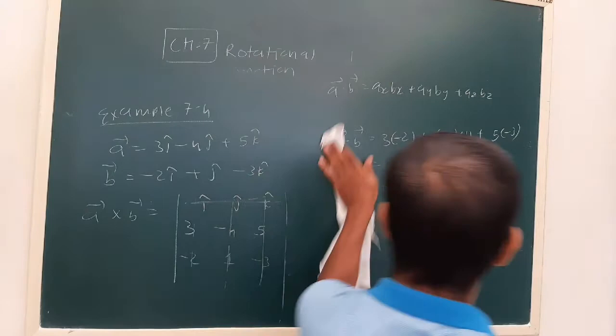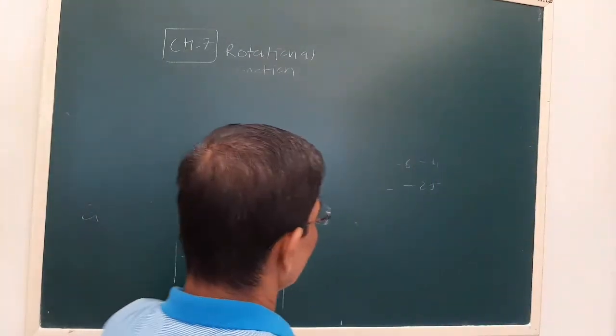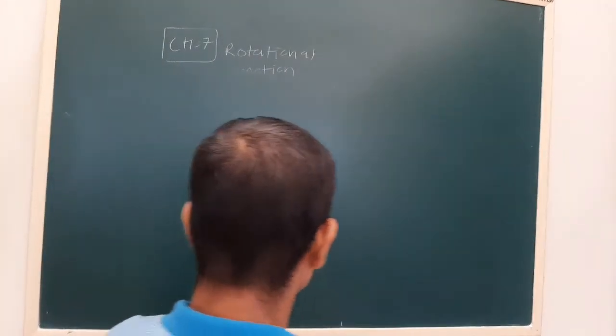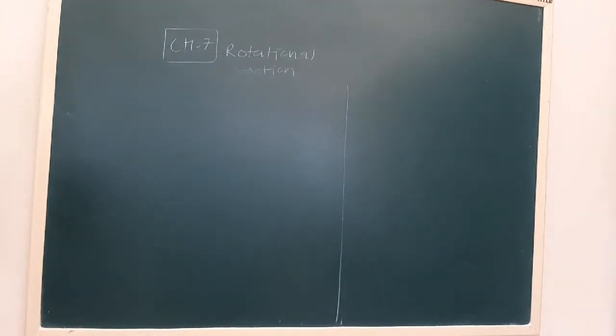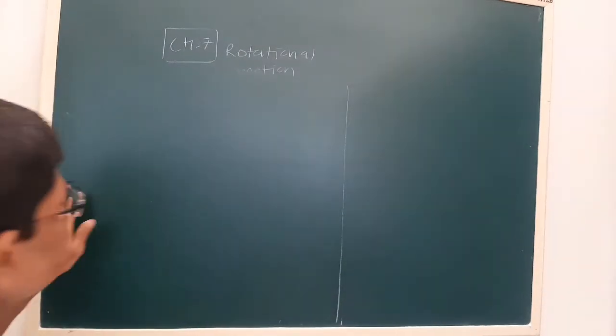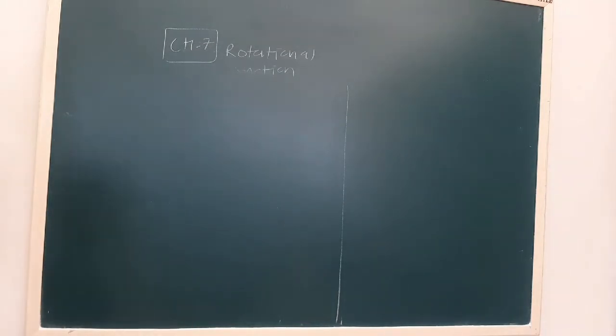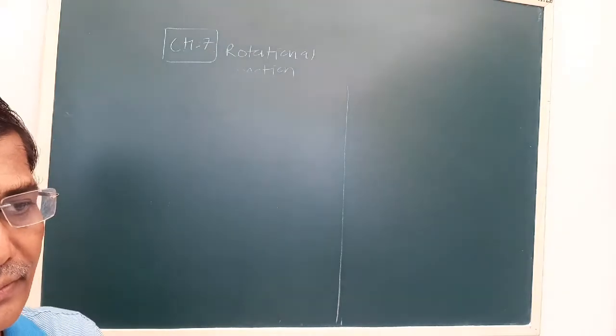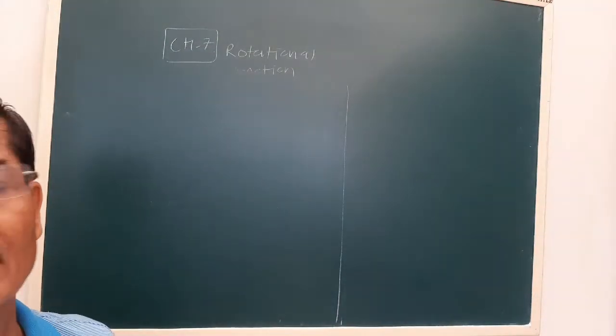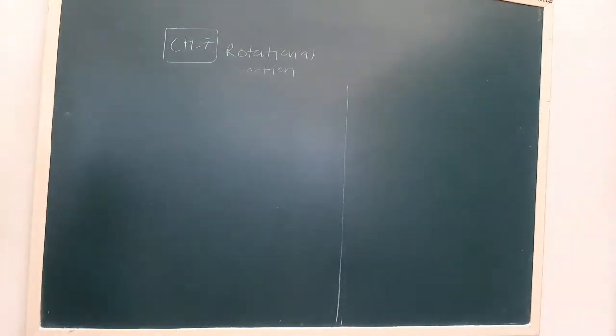Now the vector products are used in deriving a number of physical quantities like torque and angular momentum. In the beginning of the lesson we studied the relation between the physical quantities we come across in linear motion and rotational motion.